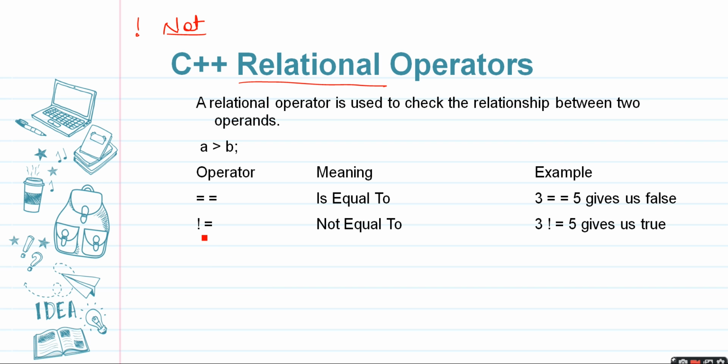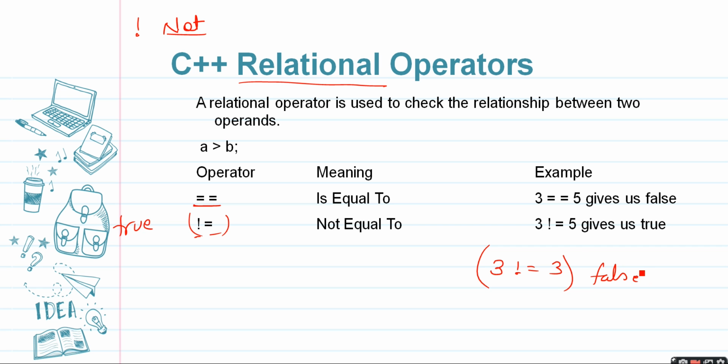Okay, so this one is termed as not equal to. It checks for not equal to. If it is not equal, then it is going to return true. Let's say I write 3 is not equals to 3. What does this give? True or false?